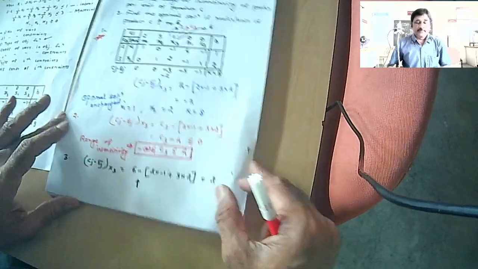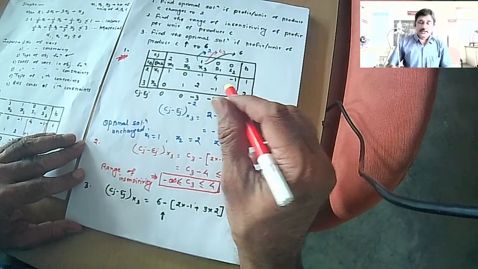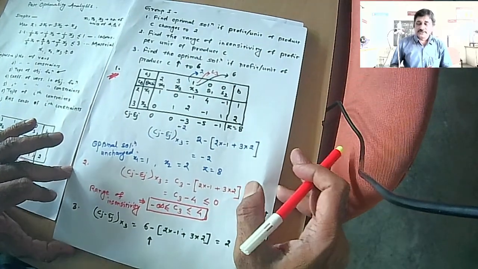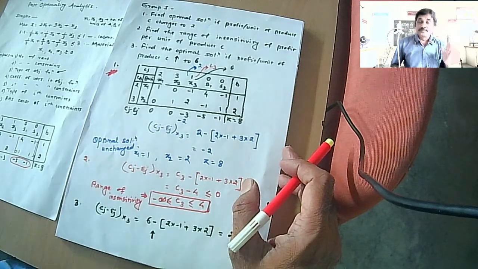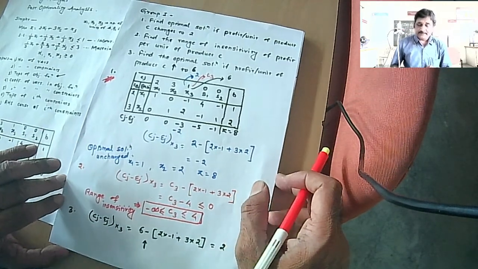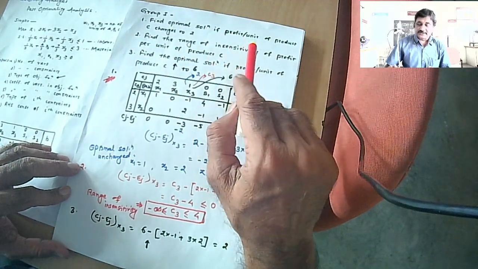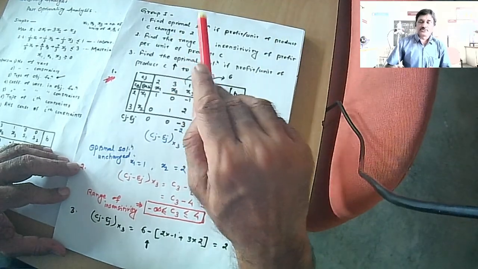Now we will be seeing in group 1 only the changes which occur in the objective function. So this is the first part of group 1. Find the optimal solution if the profit per unit of product C changes to 2.